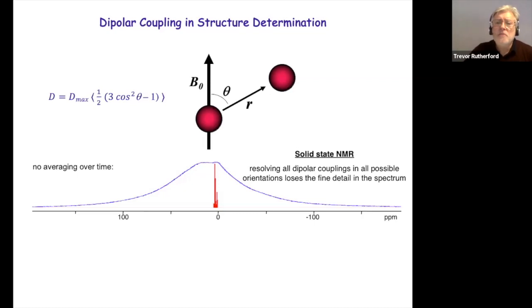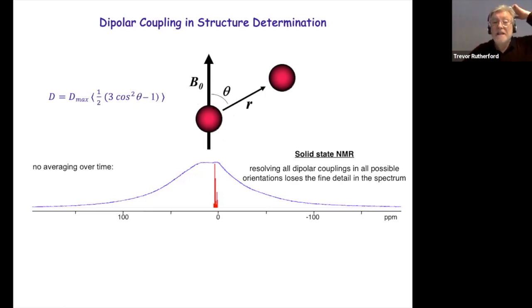For molecules in solution, they're tumbling very rapidly, and this splitting term averages over all possible orientations and all possible angles of theta. So the average splitting that we see for a molecule tumbling isotropically in solution is 0.